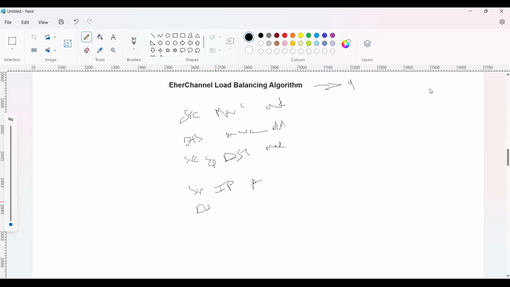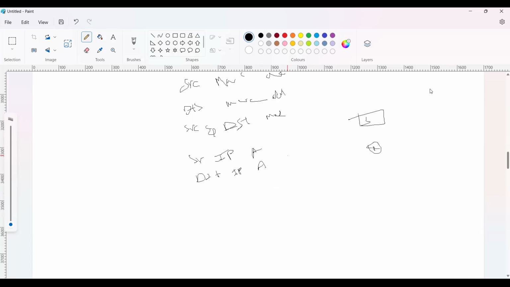We can enable EtherChannel not only in switches, we can enable it in routers also. Then the destination IP address algorithm, and source and destination IP address.